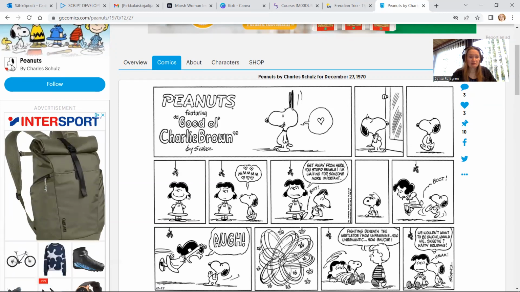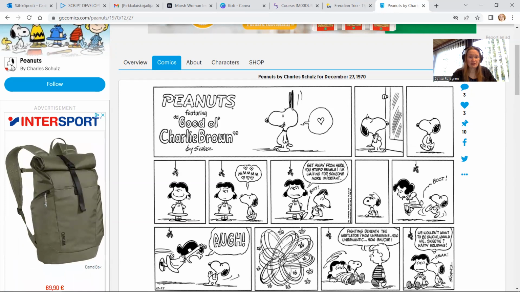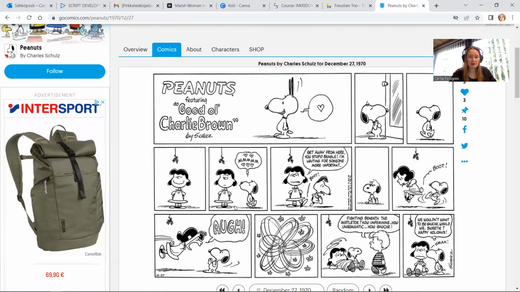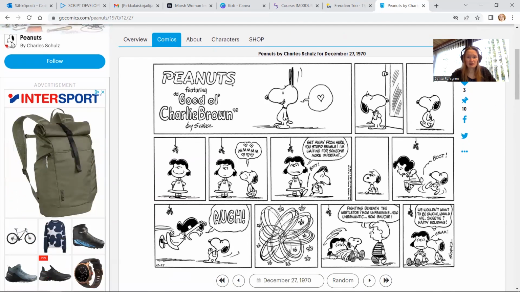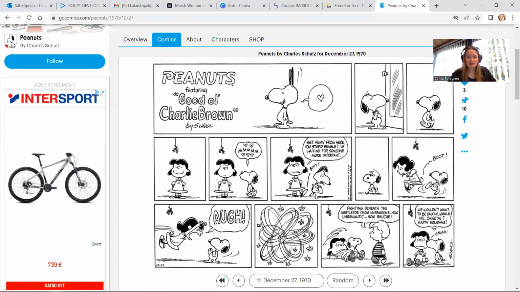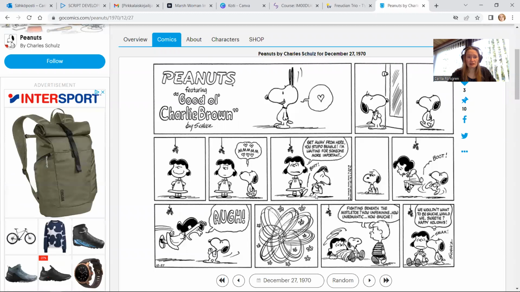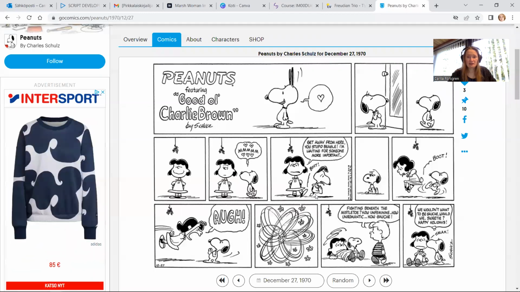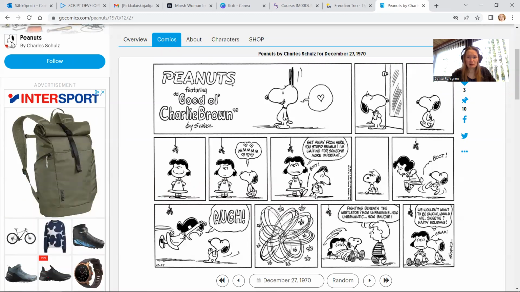That means she wants to be kissed. And there's Snoopy coming to kiss her. And Lucy kicks him, which is what she does quite often. She says, "Get away from here, you stupid beagle. I'm waiting for someone more important."